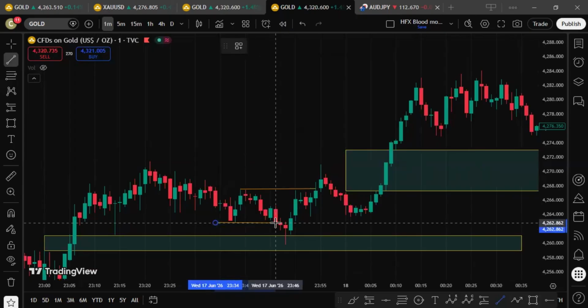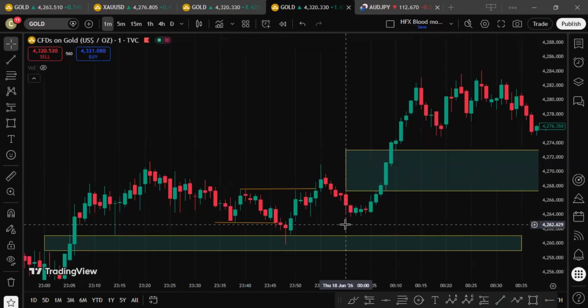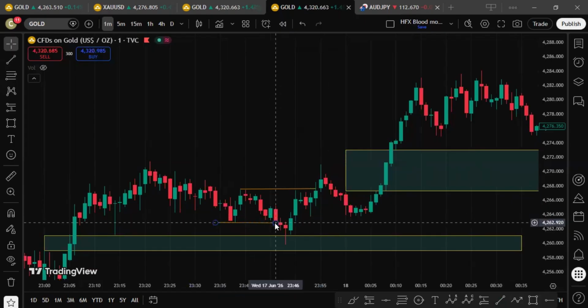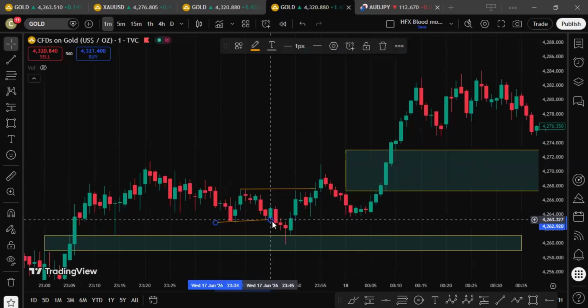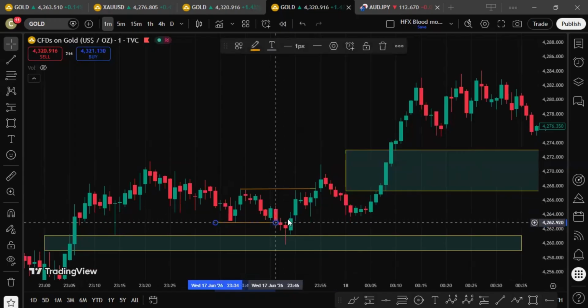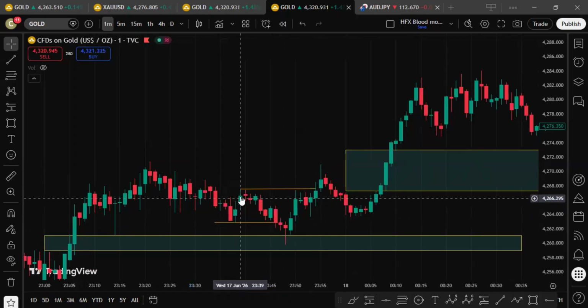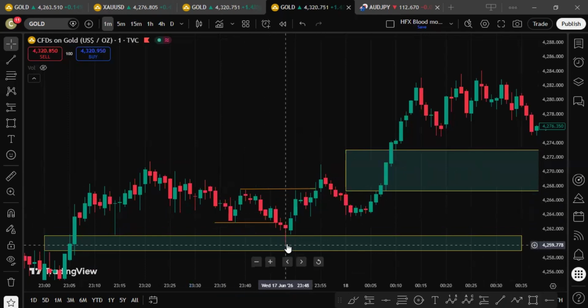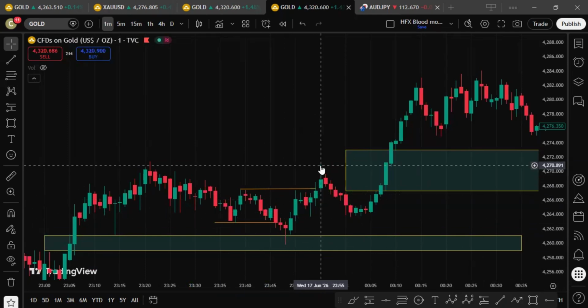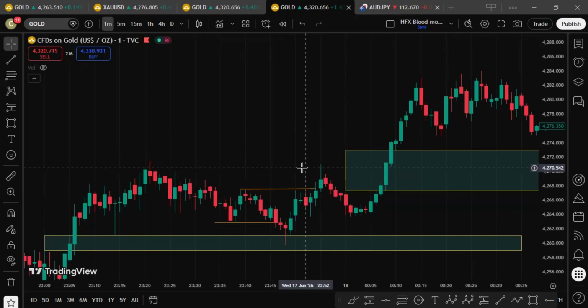So what happened? It's not so straight. It's not always the case, but most times it happens. This low was broken, then in turn, the high was broken. So in this particular case, what you need is to wait.